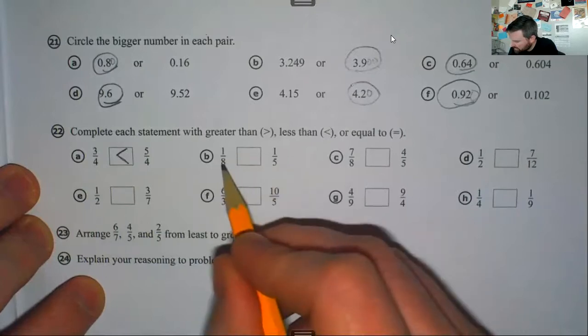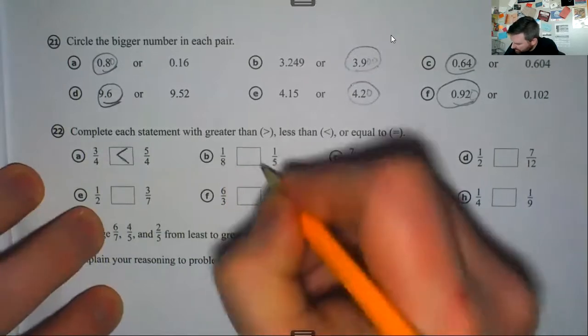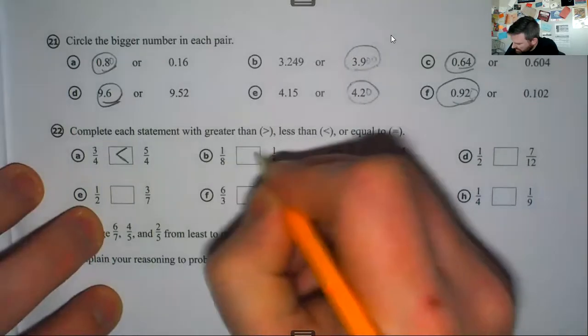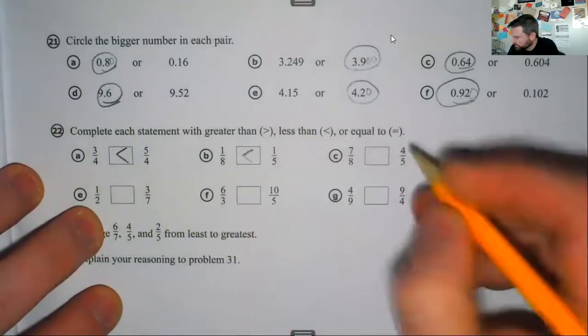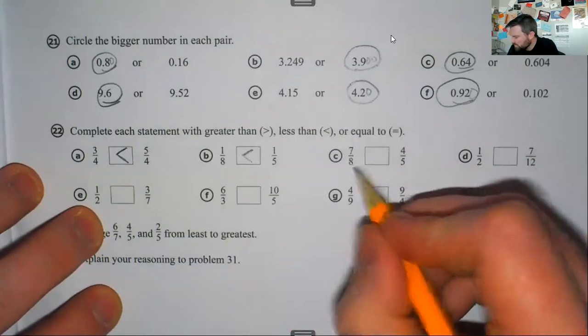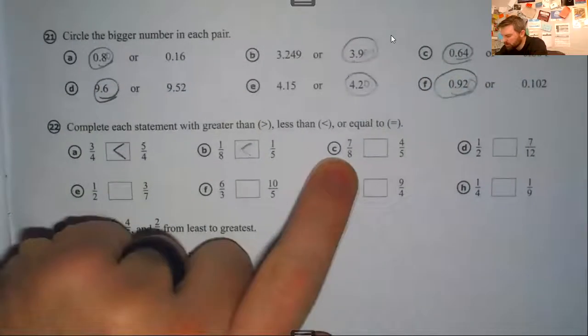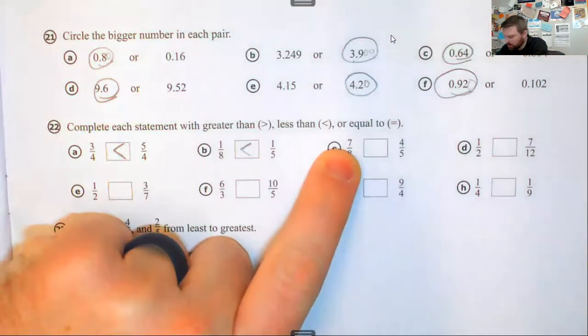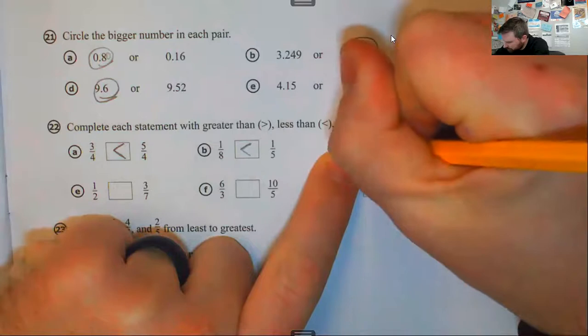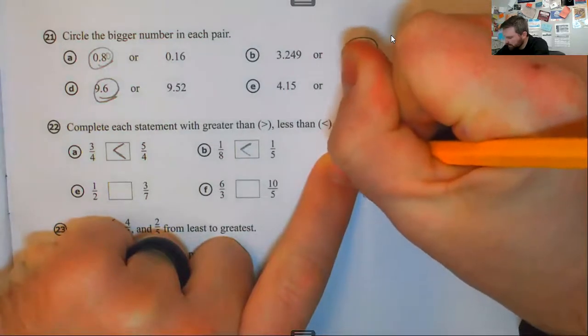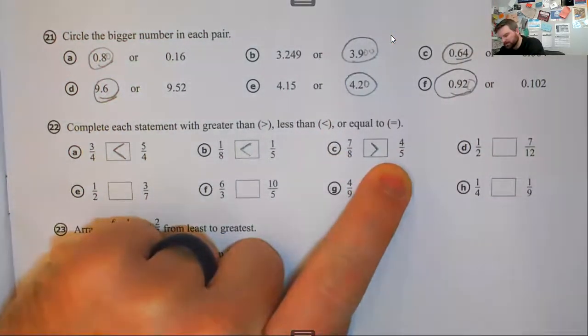Well, 8 has more slices than 5, so an 8 is less than a 5th. 7/8 or 4/5. Now, an 1/8 is a smaller slice, but you have more of them. So that's bigger. Okay, here you only have 4/5.